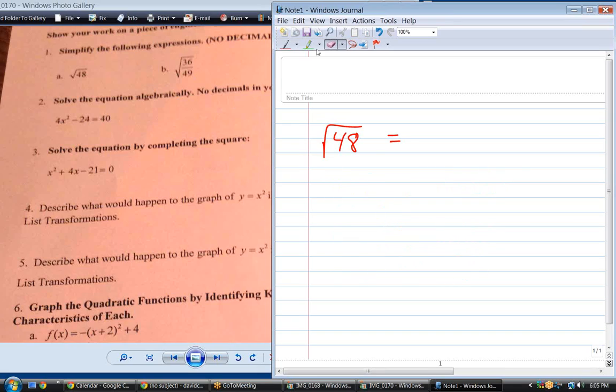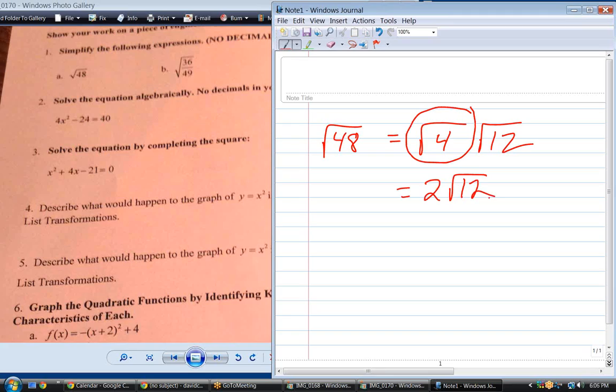So what if I were to break up this 48 into the square root of 4 times the square root of 12? That's a true statement because 4 times 12 is 48. And now I can actually pull a 2 out. So that would be that.